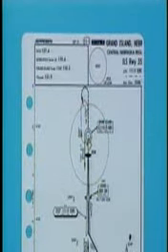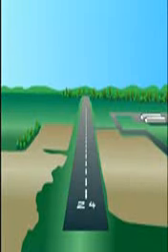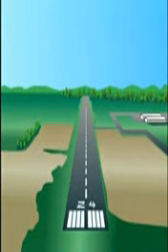A runway served by a non-precision instrument approach procedure has threshold markings. The runway may also have aim point markings that are located 1,000 feet from the end of the runway. A precision instrument approach runway includes touchdown zone markings that provide distance information in 500-foot increments, as well as side stripes.